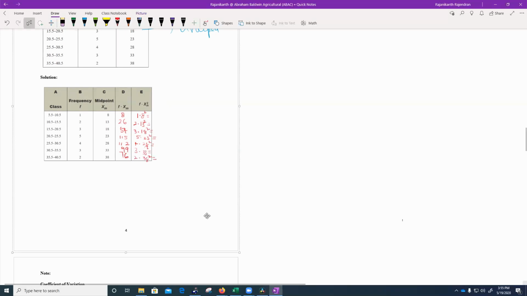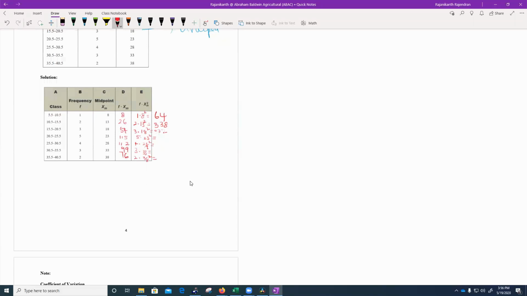Okay, so I got these values for this column. Why don't you check with my answer? This should be 64, of course. And the next one is 338, right? Then 972.